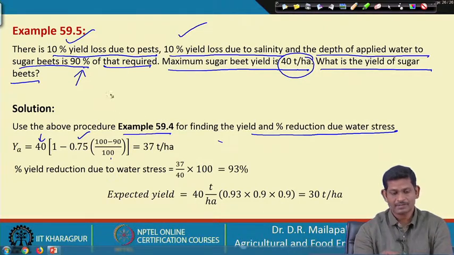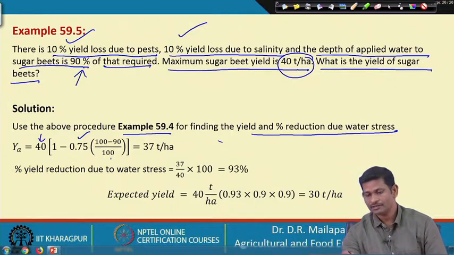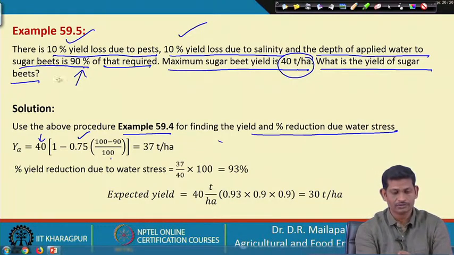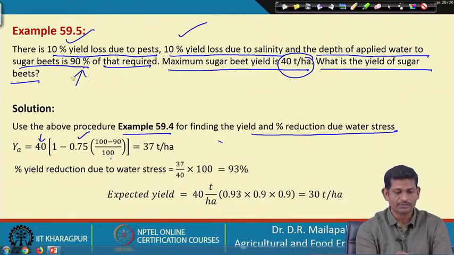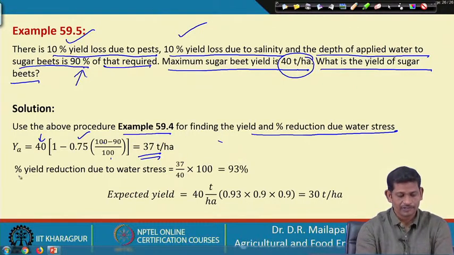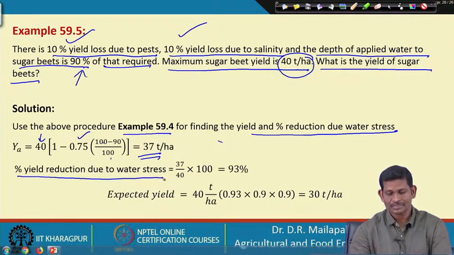The depth of applied water to sugar beet is 90% of that required. So, that is 100 minus 90 by 100 and you get 37 tons per hectare, and percentage yield reduction due to water stress is 37 by 40, right.